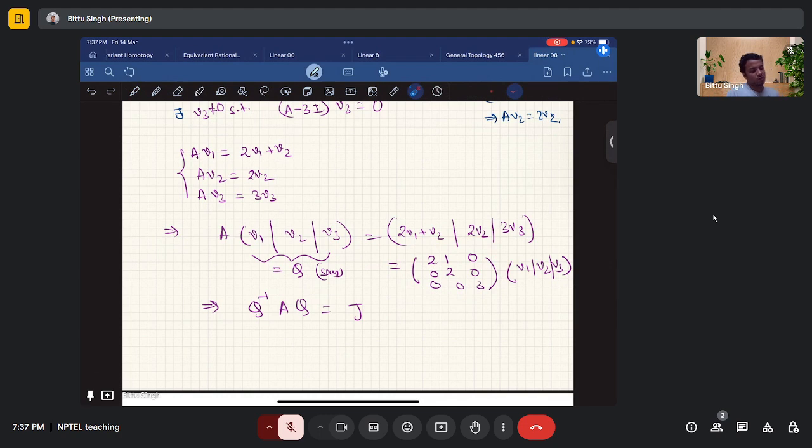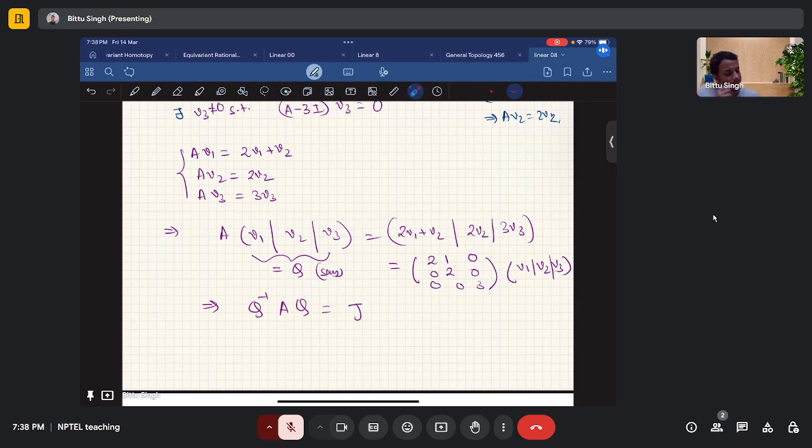And we also notice that those Q, whatever we have taken, those Q and Q inverse, those are actually rational. If Q is a matrix which consists of rational entries, then Q inverse is also rational. This is easy to see because we need to take adjoint by determinant, right?